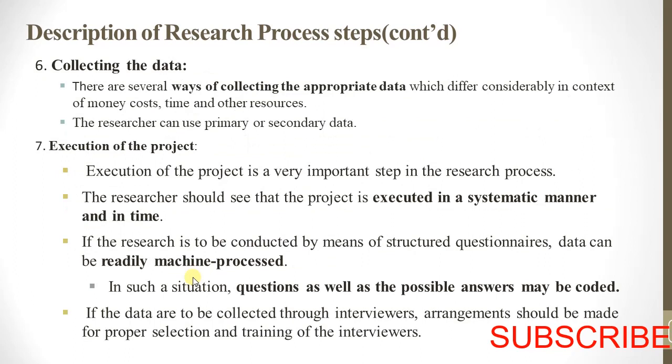Collecting the data. There are several ways of collecting the appropriate data, which differ considerably in terms of costs, time, and other resources. The researcher can use primary or secondary data.